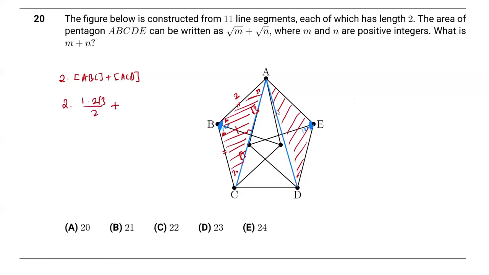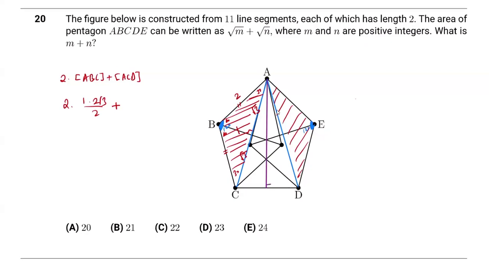And plus, the ACD is not really immediate, so we just need to find the altitude. If I draw the altitude, it might be somewhere right there. So this is going to be 1 unit, this is 1 unit, and we know that AD was 2√3. If I use the Pythagorean theorem in this right triangle, and I'll call this H, AH has to be √11.